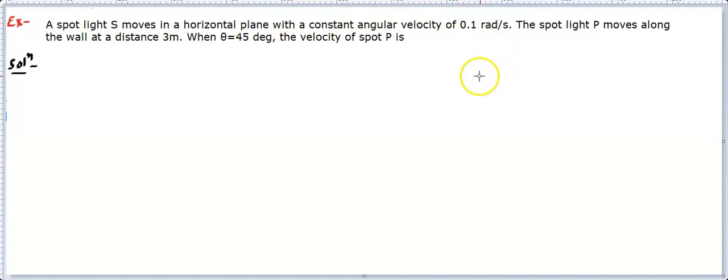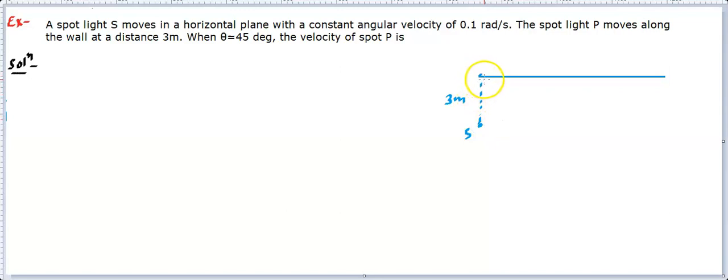Let me draw. So let's say this is a wall. We are looking from the top. This is a top view, and let's say there is a source located at this location. So this is a source or spot which is 3 meters from the wall. That's what it says. Let's say initially it is pointing in this direction, then this spot will be formed over here.